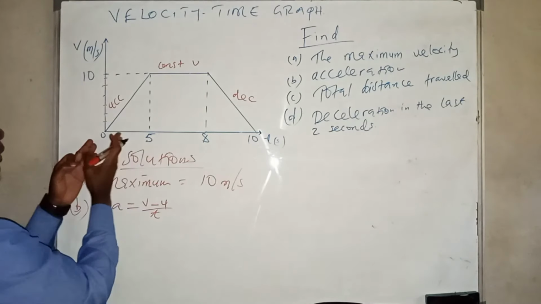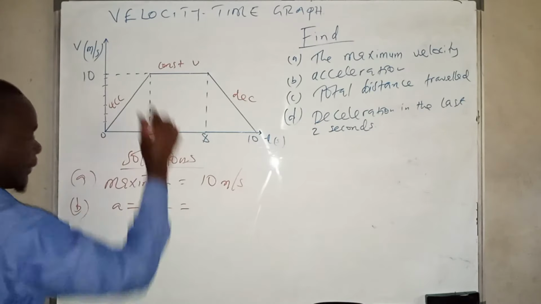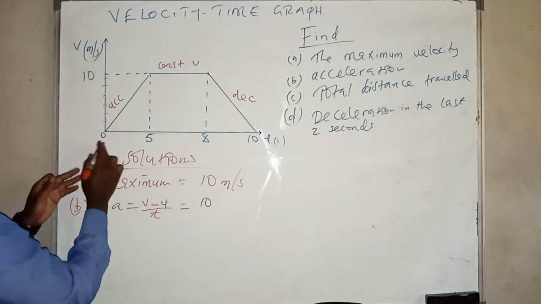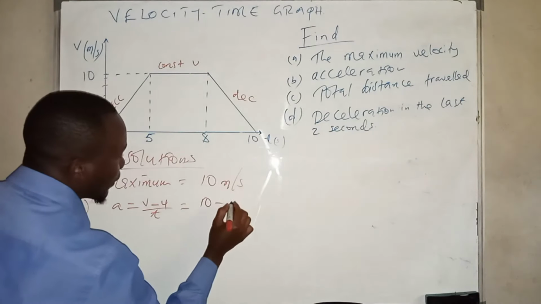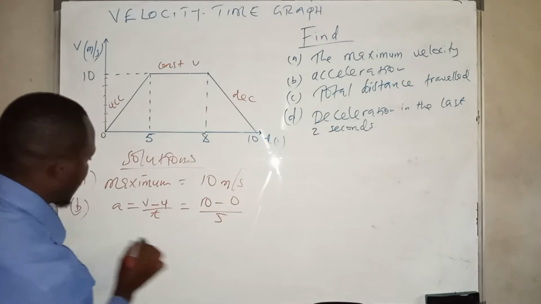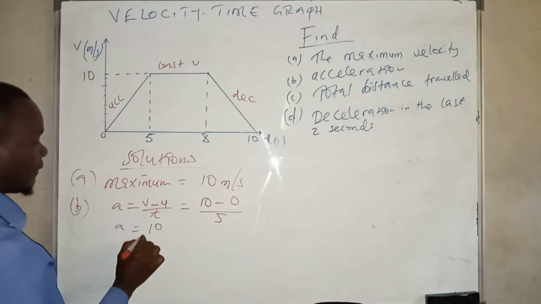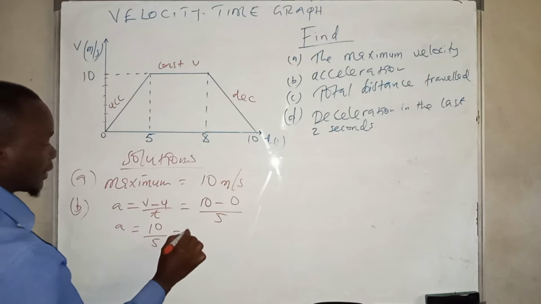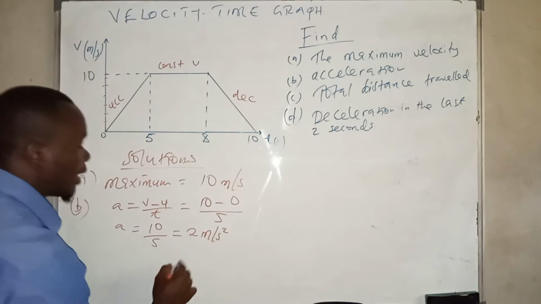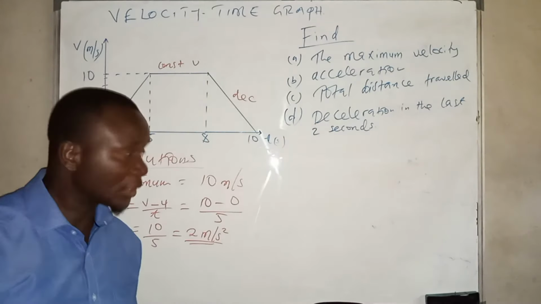In the first 5 seconds, an object is accelerating, so the final velocity is 10. The initial velocity is where it is starting from, so starting from 0, so minus 0 over the time given here, which is 5. So acceleration will be equal to 10 minus 0, which is 10, over 5, which will give us 2. The units are meters per second squared. So the acceleration will be 2 meters per second squared.